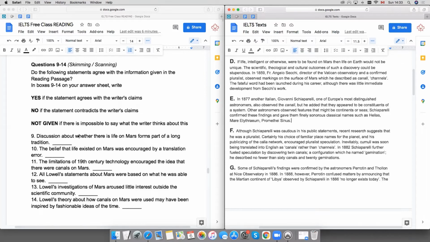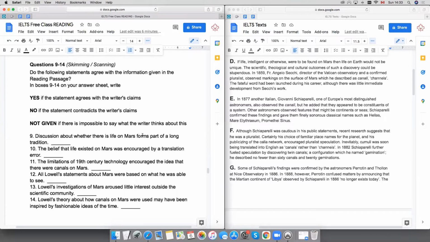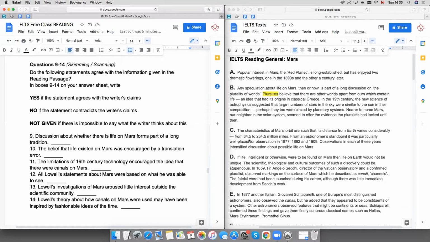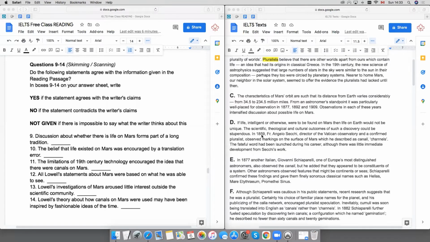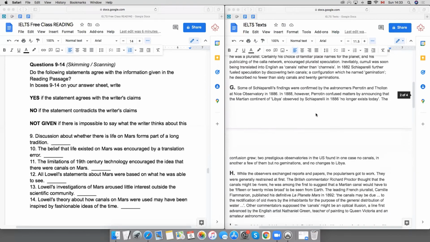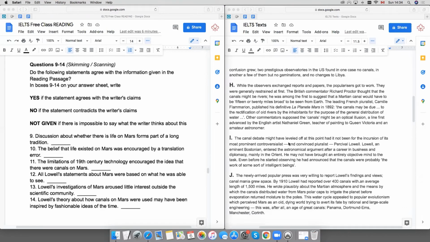So, discussion about whether there is life on Mars forms part of a long tradition. Okay, now let's think just logically here. We've seen how long this text is. We've gone through and we've already identified some keywords, even with only the couple questions that we looked at together. We're talking about the 19th century. We see dates 1859, we see 1909, we see all kinds of dates throughout this whole reading here.